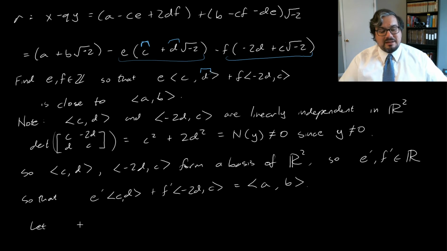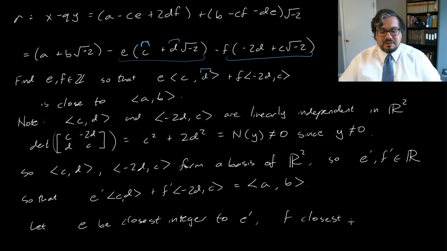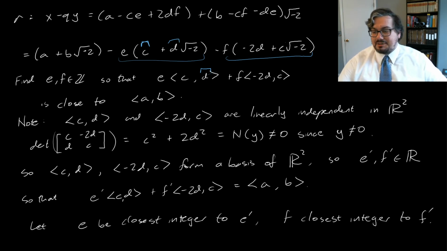So now we can let E be the closest integer to E prime and F the closest integer to F prime. And then we can look at what the norm of R is.